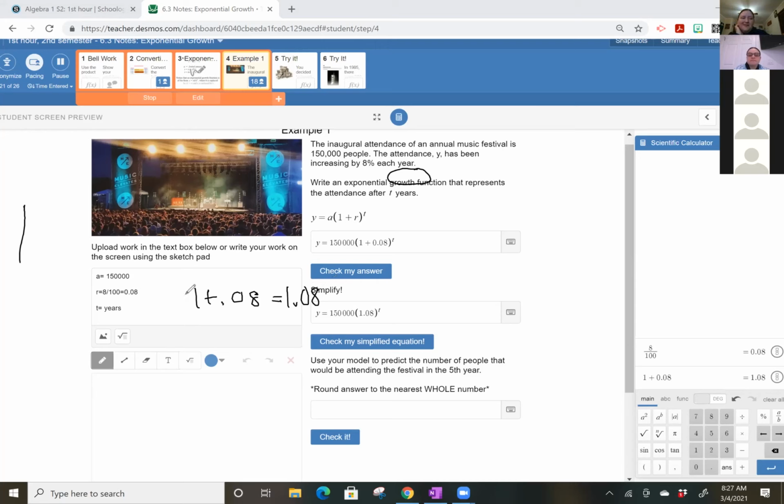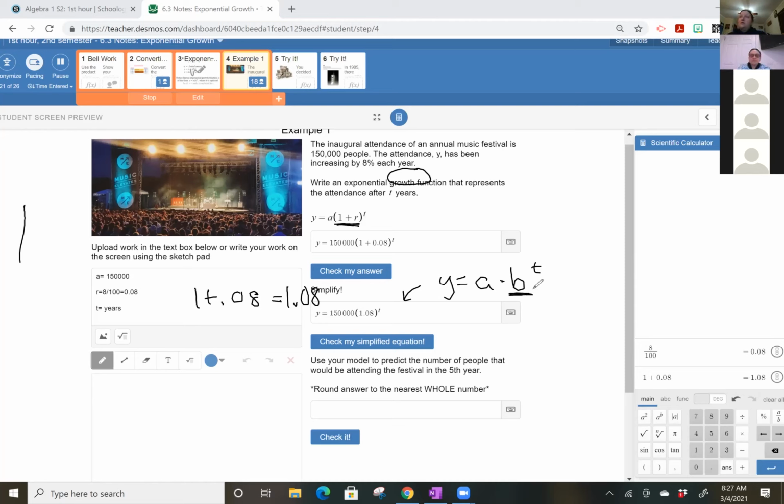So the cool thing about this now, at least as a math teacher, we finally have our y equals a times b to the t power. Remember we replaced the x with the t. It's the same thing. But this 1 plus r became what we're used to.